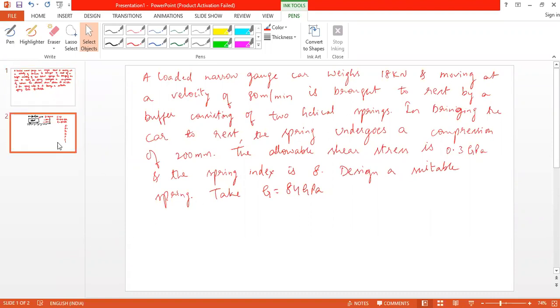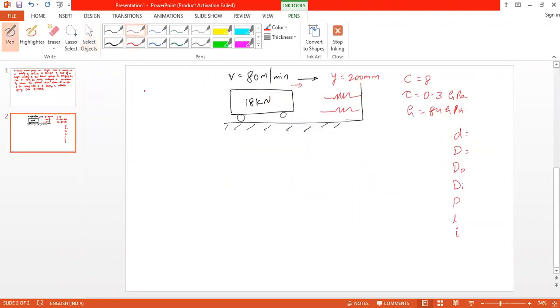So, the velocity V, the solution is V is 80 meters per minute. I need this in terms of mm per second.